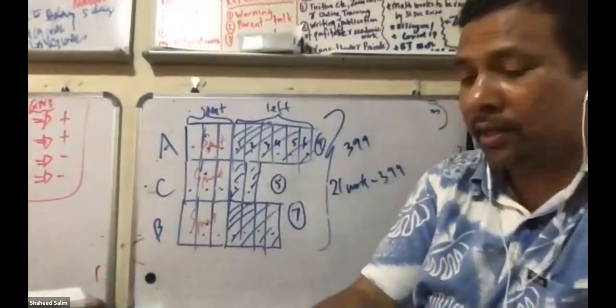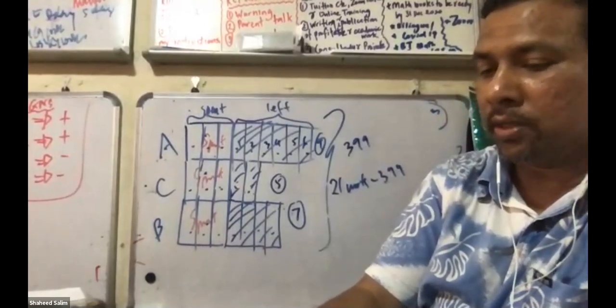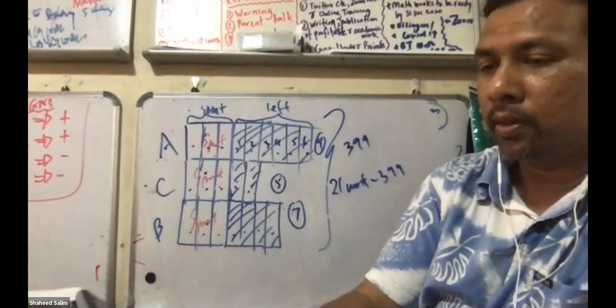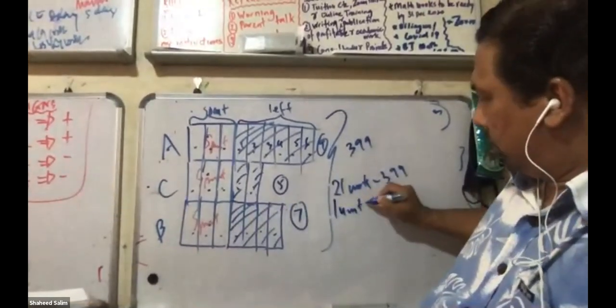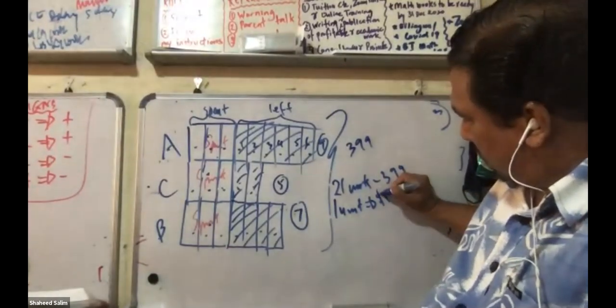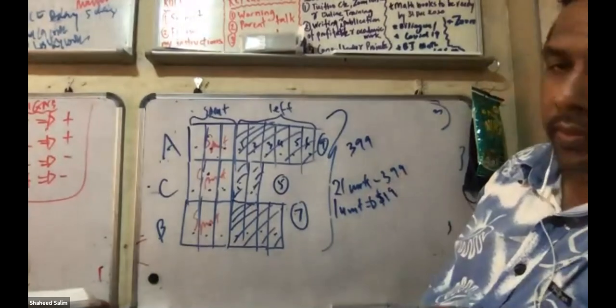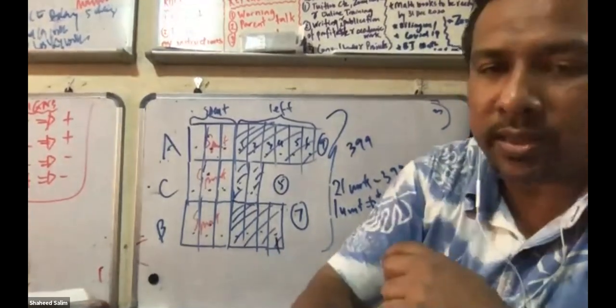Let's hope it works. If you get decimal, that means something is wrong. If you don't get decimal, it's okay. Okay, that's 19. Means 1 unit is 19. So now what is the question asking you?